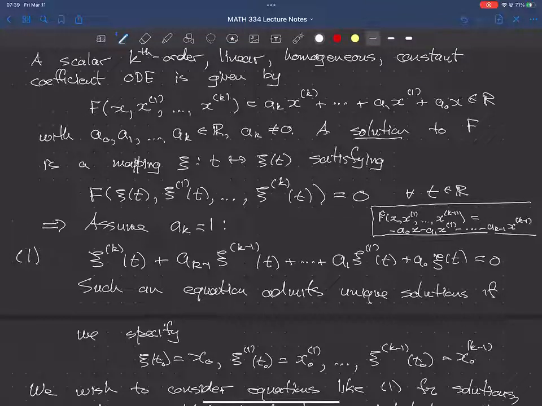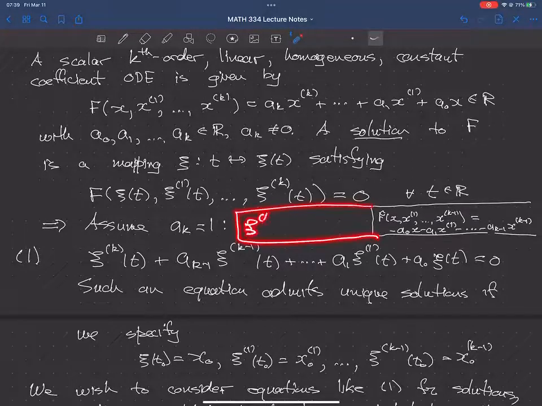Another way to write this is c k equals F hat of c through c k minus 1.